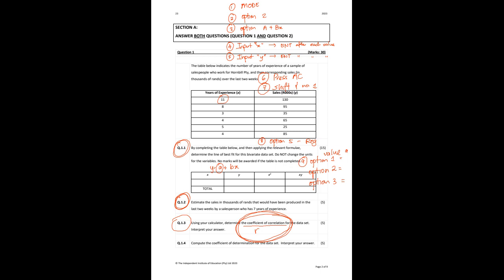And in between, if you're checking all 3 of them, so let's suppose you did all of the steps up until point 8 here, and then you first start off by wanting to check that your A value is correct, you'll press option 1, the equal to sign, it will give you the value of A, and then you start with step 7 again. So you'll press shift and the number 1 again, and then you'll choose the regression option again, and then now you want to check that your B value is correct, so you'll choose option 2.